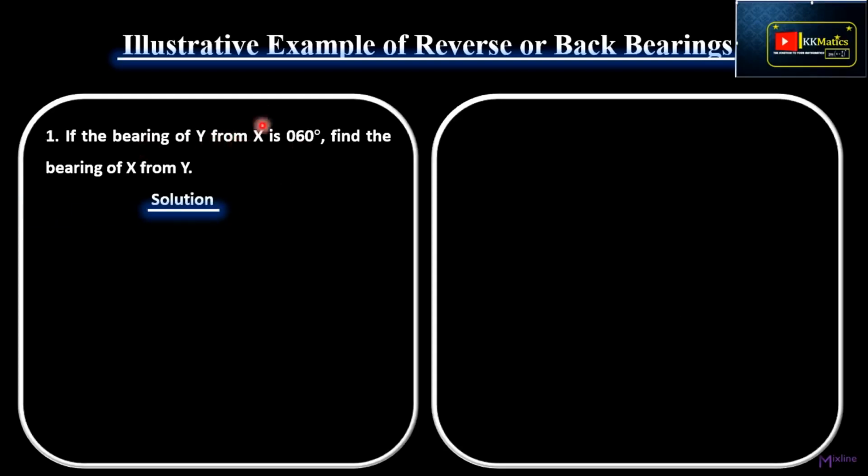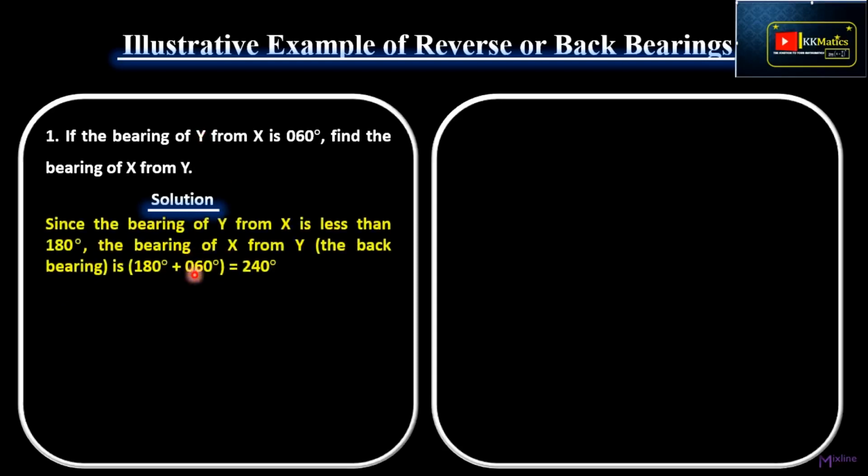Remember, it's y, so the direction is from x to y. So obviously, we know 060 degrees will lie in the first quadrant. But the back bearing of it would be 180 degrees plus 060 degrees, which gives us 240 degrees. That's because we know that 60 degrees is less than 180.